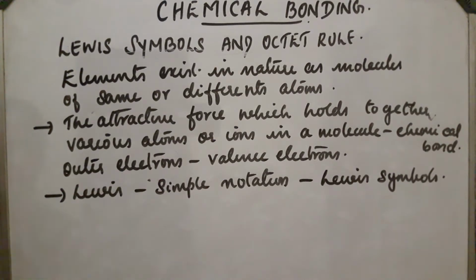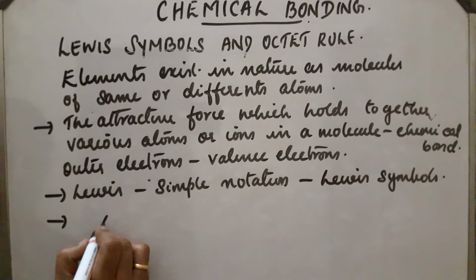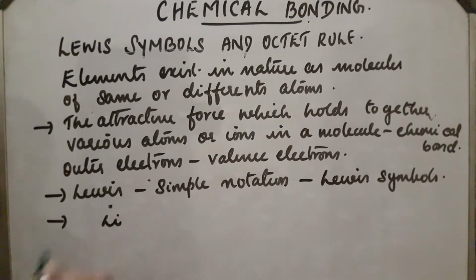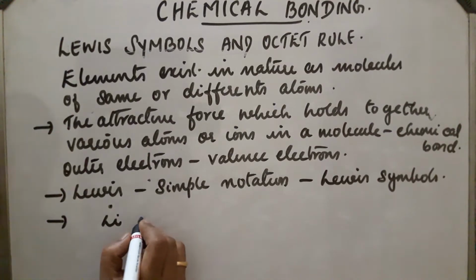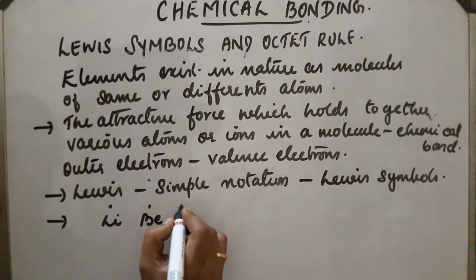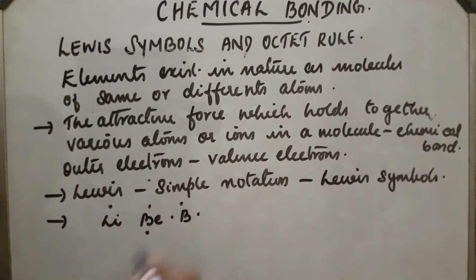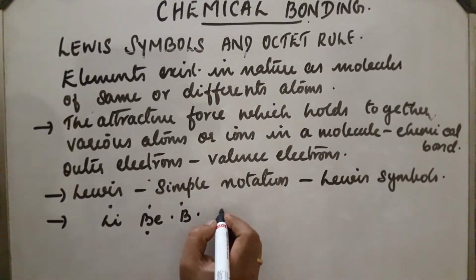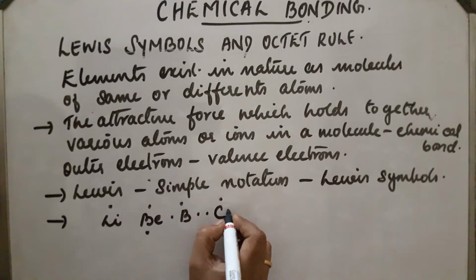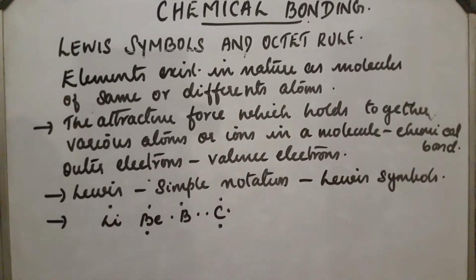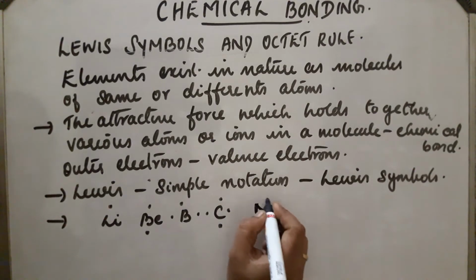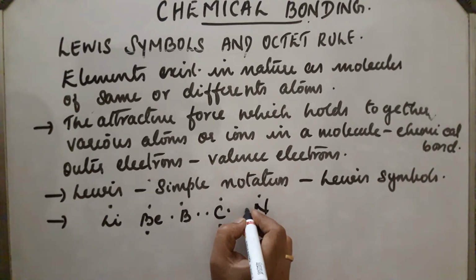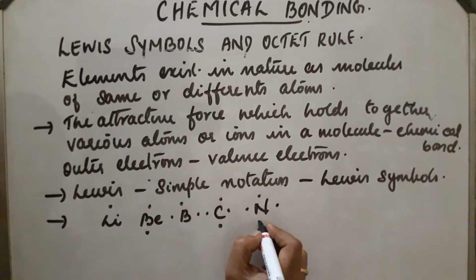Let us take a few examples. Second period elements: lithium is represented by a single dot because it contains only one valence electron. Next, beryllium, 2 valence electrons. Boron, 3 valence electrons. Then carbon, 4 valence electrons. Then nitrogen, 5 valence electrons.